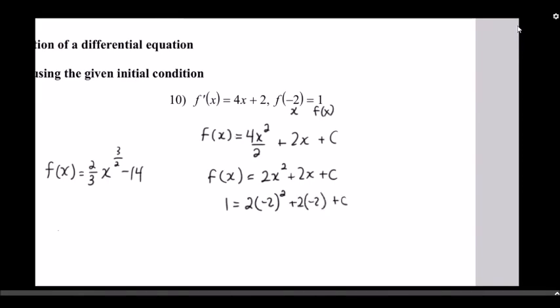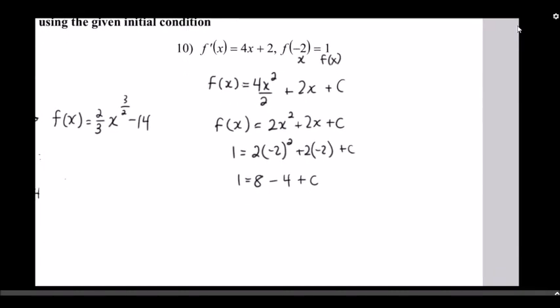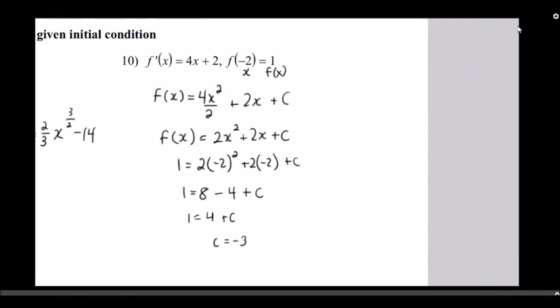And then find c. So here, negative 2 squared is 4. 4 times 2 is 8. And then 2 times negative 2 is negative 4. And then here 8 minus 4 is 4. So c is equal to negative 3.